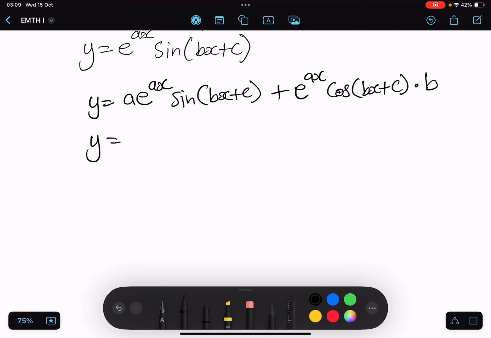So y1 is equal to, if you want to simplify this, we factor out the like terms, right?